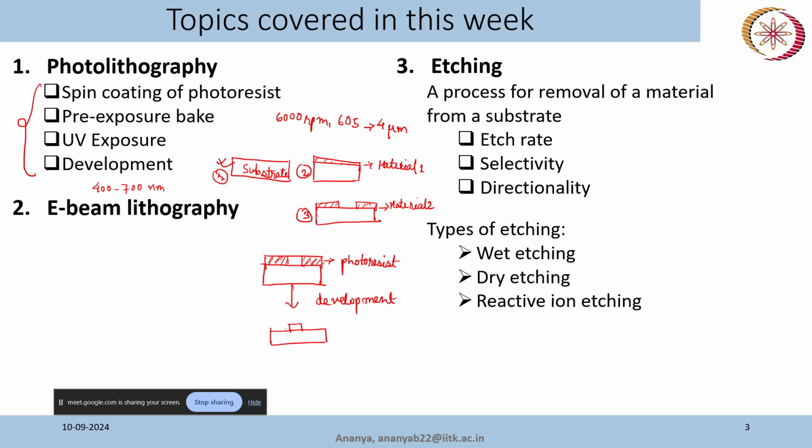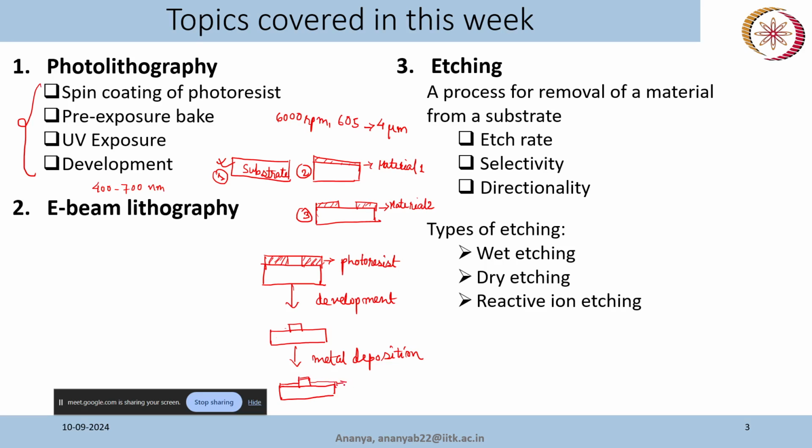We can coat everything on top of it with, say, a metal layer. So what will be its structure after metal deposition? This was the photoresist layer, and we will deposit a thin metal layer on top of it.